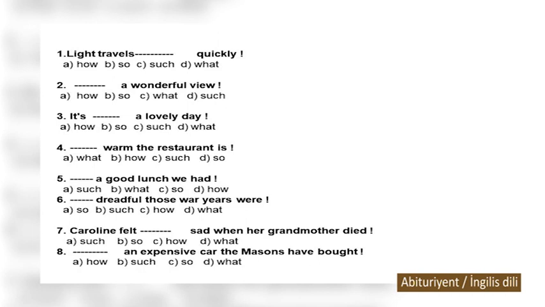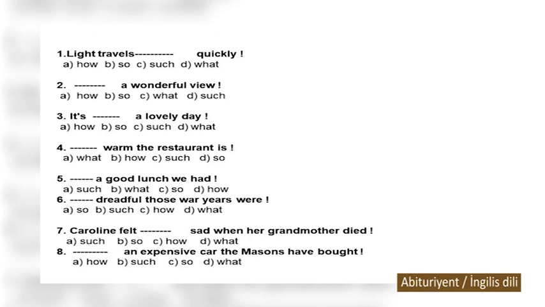And if it is in the middle of the sentence, we will not take how or what. We have to take either such or so. If she felt sad, and so after sad, we don't have any noun. Which one to take? Yes, you're right. We'll take so. Caroline felt so sad when her grandmother died.